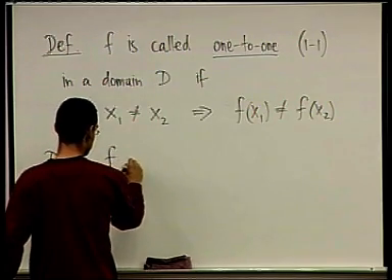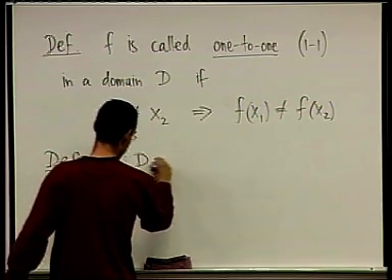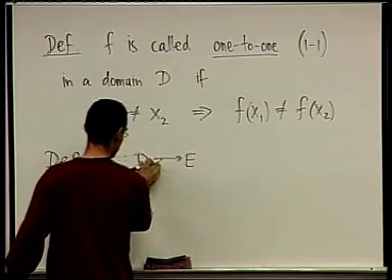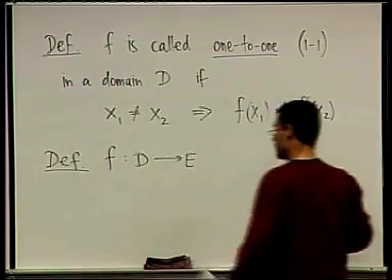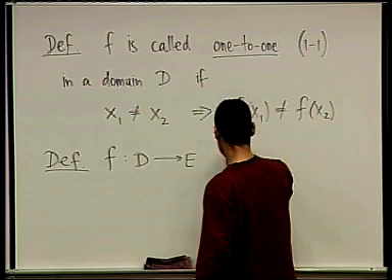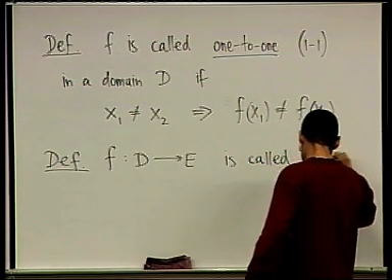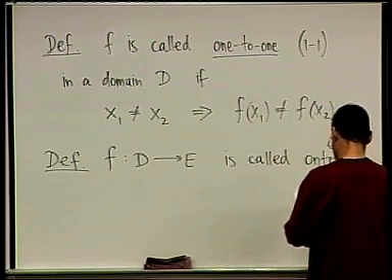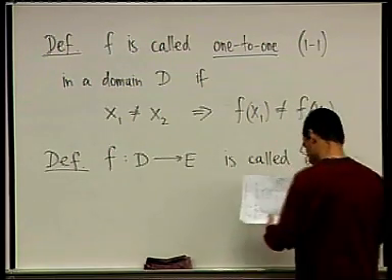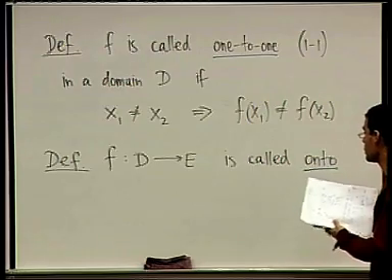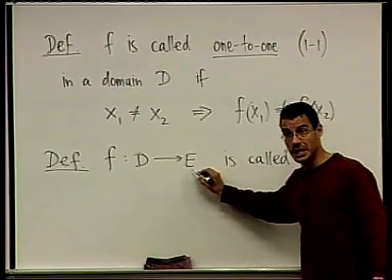Okay. And the other definition: f, a function from D to E, here it's important to emphasize the domain and the range, is called onto. Usually a function goes into the range.